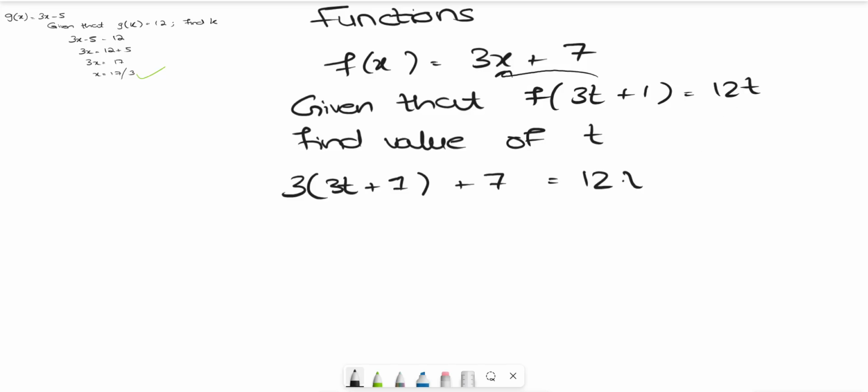Because 12t, the value of t is still going to be, yes, absolutely, right? What do we have here? Let's expand the bracket. 9t plus 3 plus 7 equals 12t.